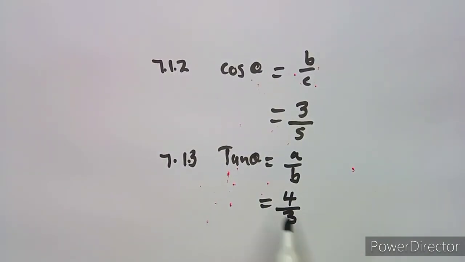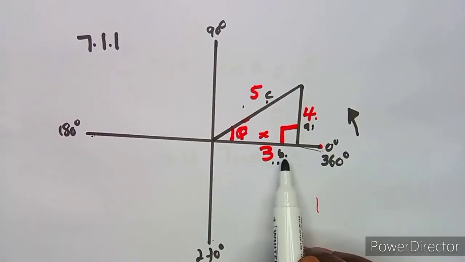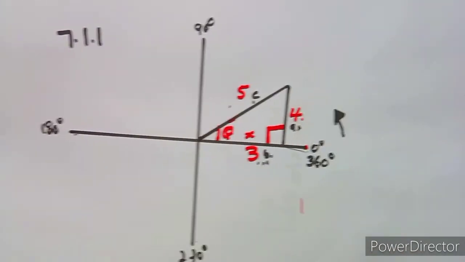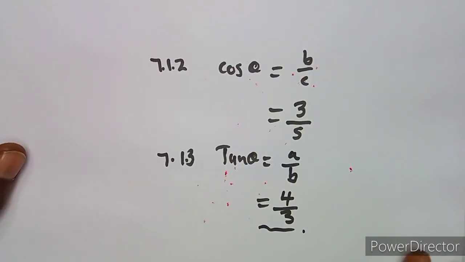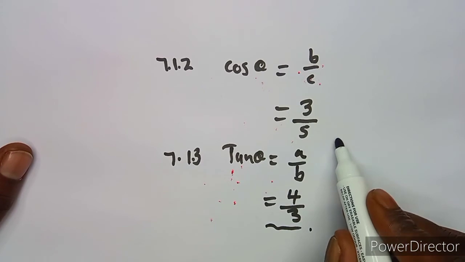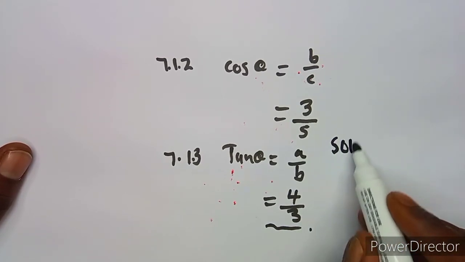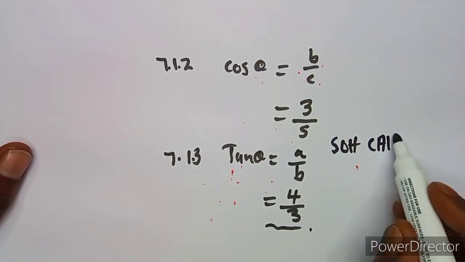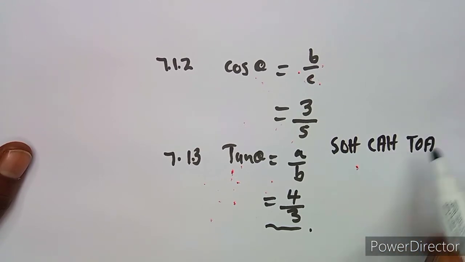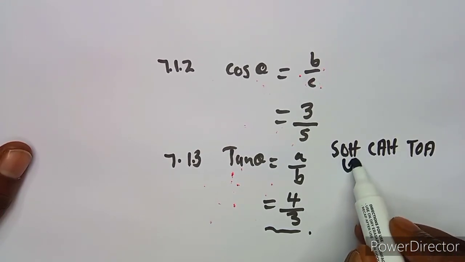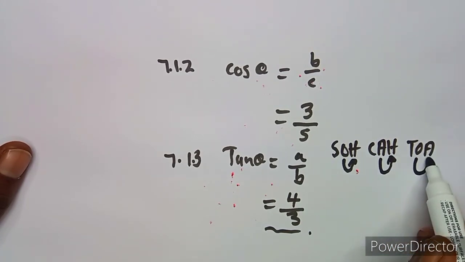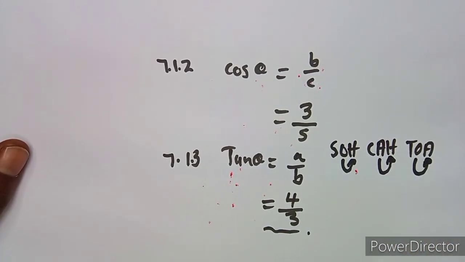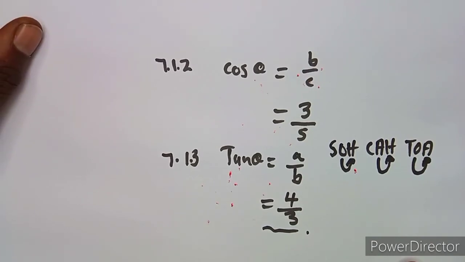So as you can see, it's just a matter of substituting the value here, your A over your B, that is opposite over the adjacent. So you can actually know this by the ratios from SOHCAHTOA, like this. Sine is opposite over hypotenuse, cos adjacent over hypotenuse, tan opposite over the adjacent. So you can actually memorize them in that way.